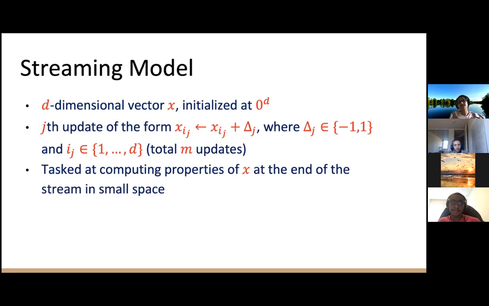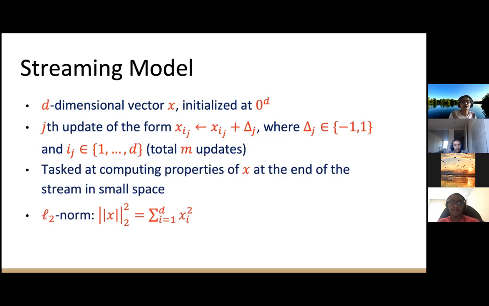And then in a streaming problem, you are usually tasked with computing properties of x at the end of the stream in small space, usually of order log d. That is, you want to compute approximations of some property of x in say log d space, which is much less than the space required to store the entire d-dimensional vector x, which is order d space.